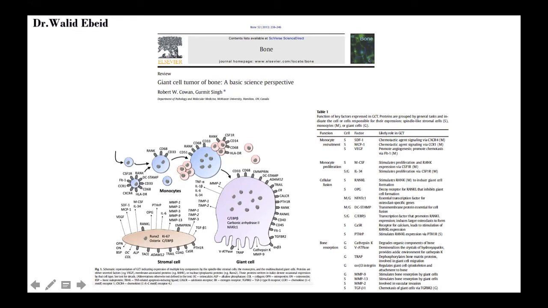So from this, we can conclude that the monoclonal antibody denosumab inhibits the normal bone resorption cycle, but it also inhibits the bone resorption that is caused by tumors such as giant cell tumor.